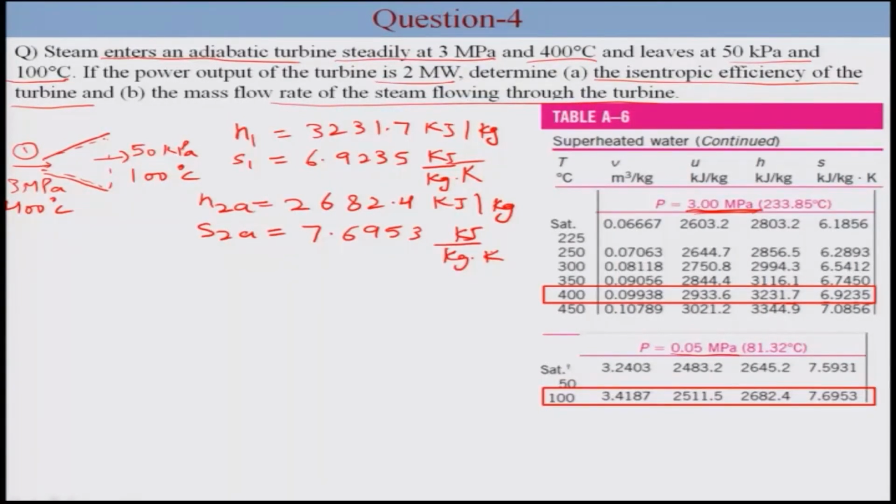We are representing this as H2A and S2A because this is the actual process, but in the question we need to calculate the isentropic efficiency of the turbine.